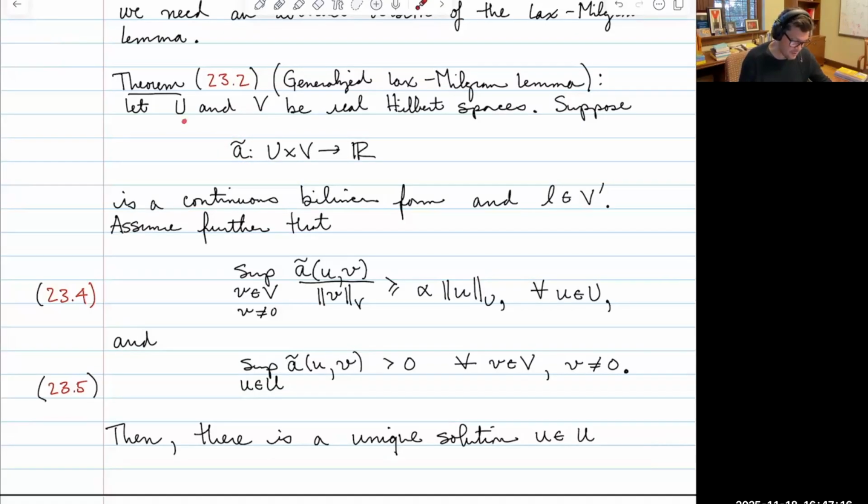So let U and V be real Hilbert spaces, and suppose that A tilde, U cross V to R, is a continuous bilinear form. Let L be a bounded linear functional on V.